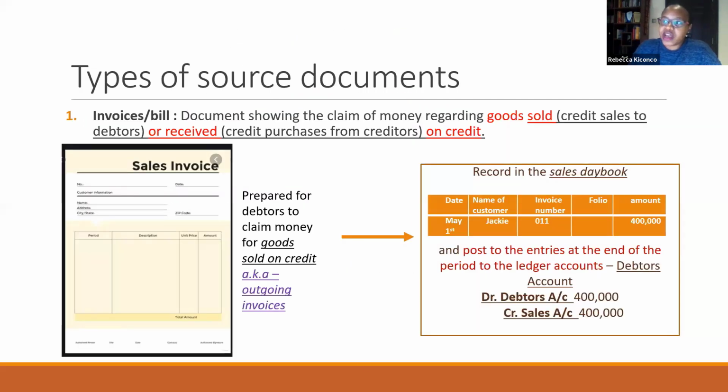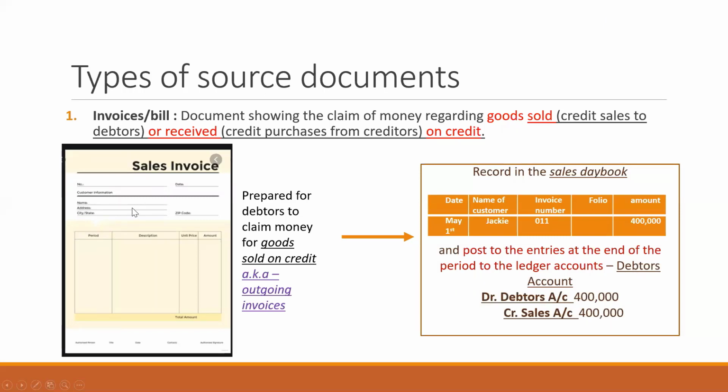In this case, we have a sales invoice from a company yet to be written here. And then we have a date. We probably have a sales number. Unfortunately, with online learning you cannot see what I'm pointing at, but you can see the picture. Then we write the name of the customer and the address of the customer, where they come from.